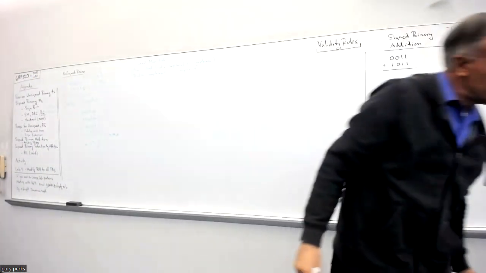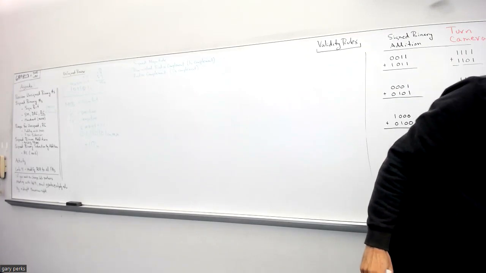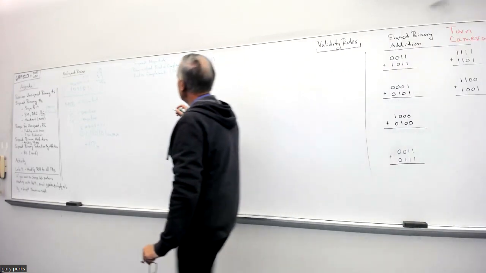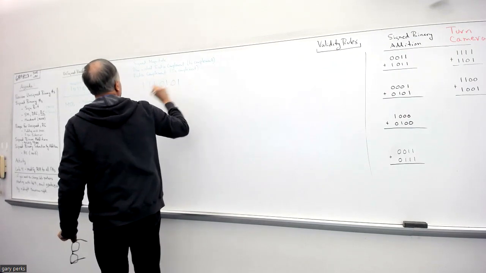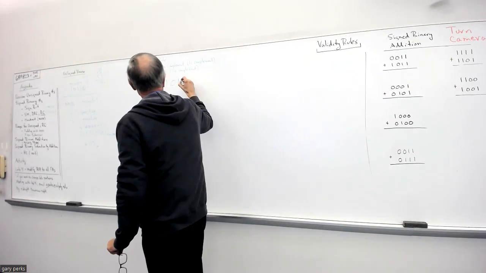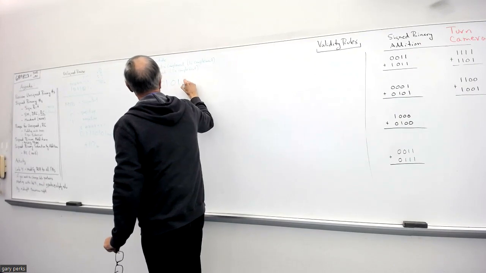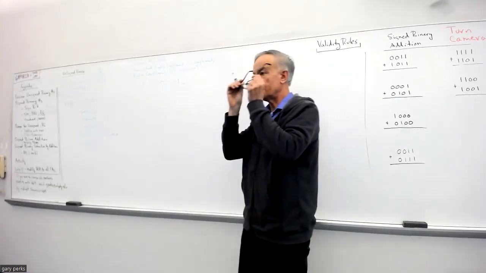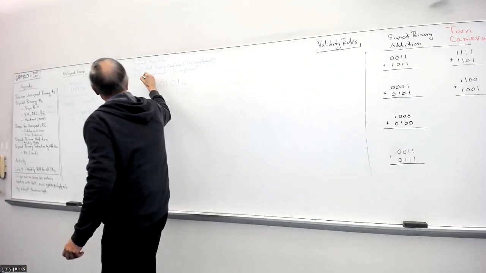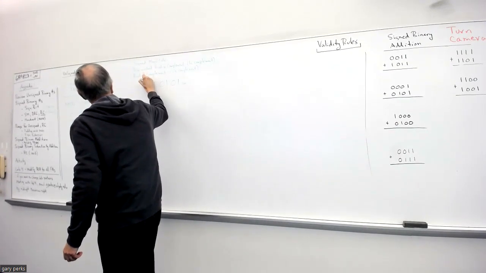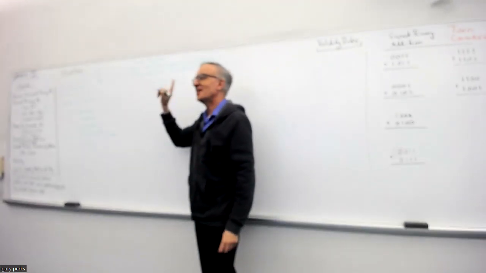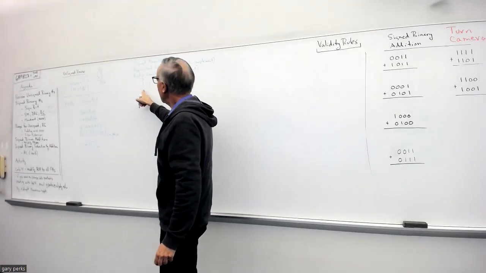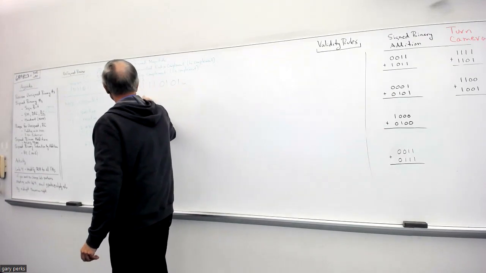So let's say we have 1, 1, 1, 0, 1, 0, 1, and this is sign magnitude, SM. Again, this most significant bit is the sign bit. That's what I mean by S. That's an S, not a 5. S for sign. That tells us it's negative.